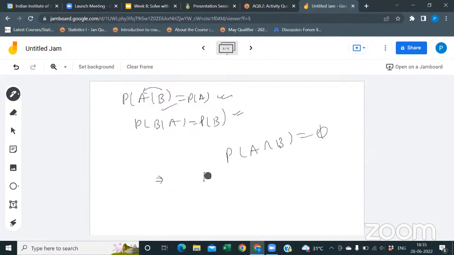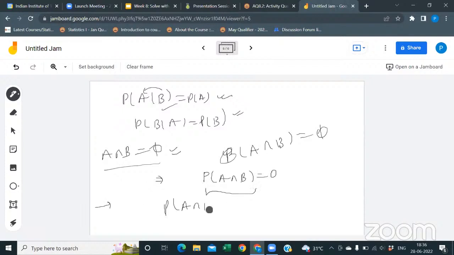Mutually exclusive means probability of A intersection B is equal to 0. It means disjoint, that A intersection B is a null event. There is no common point between these two events. That means probability of A intersection B is equal to 0. Independence means probability of A intersection B equals probability of A into probability of B. So can you say this one is the same as this one?